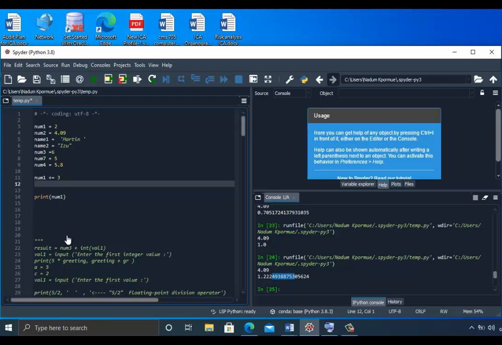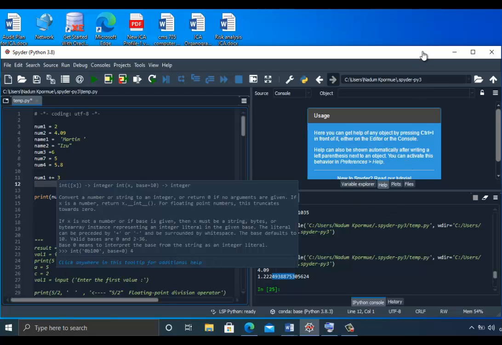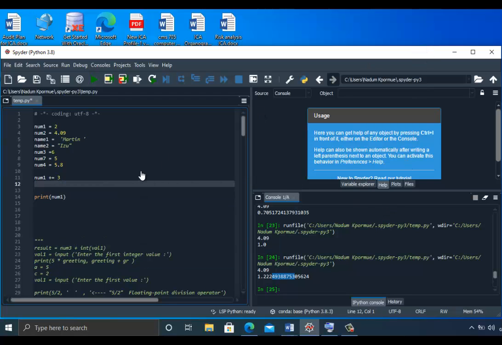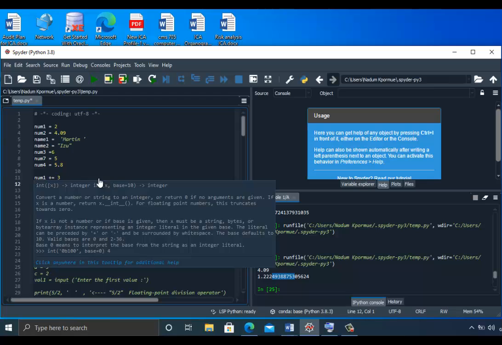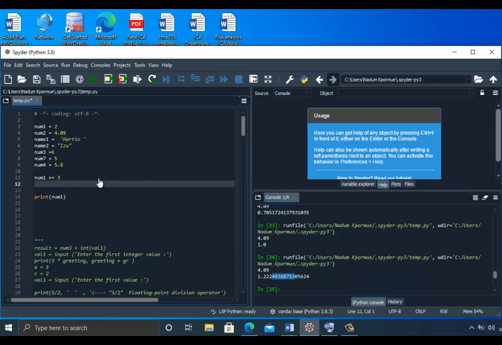Okay, so 2 operations will be done here. 3 will be added to the content of num1, then the final result will be stored in num1. That is what this operation will evaluate to.